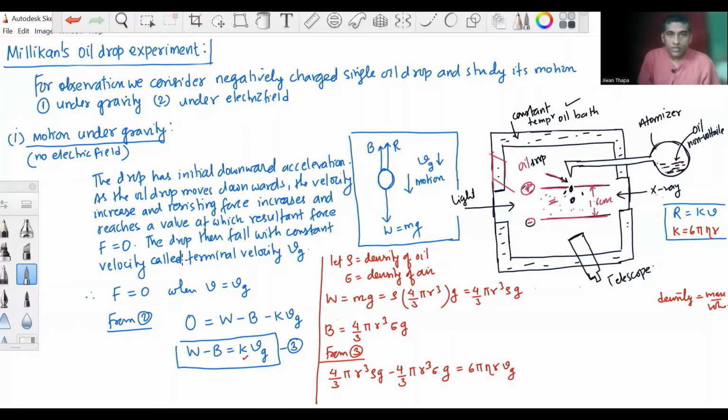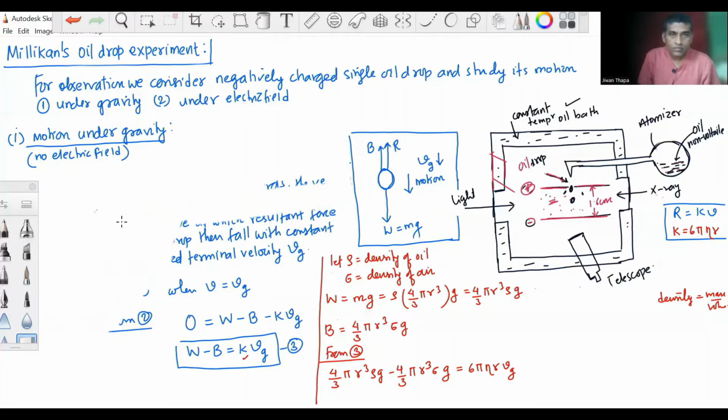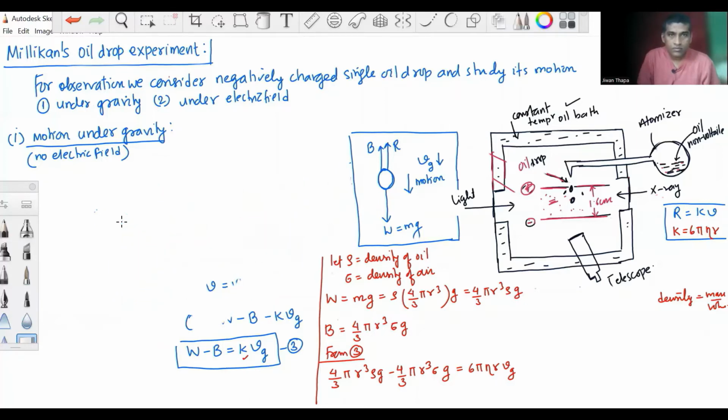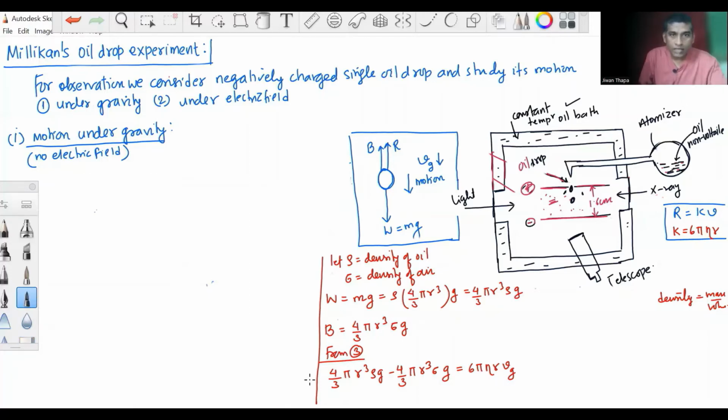Now I'm rewriting this equation over here: 4/3 pi r cube rho g minus 4/3 pi r cube sigma g equals 6 pi eta r Vz.